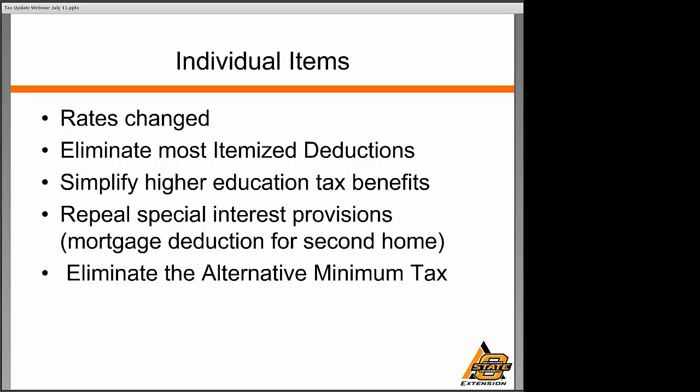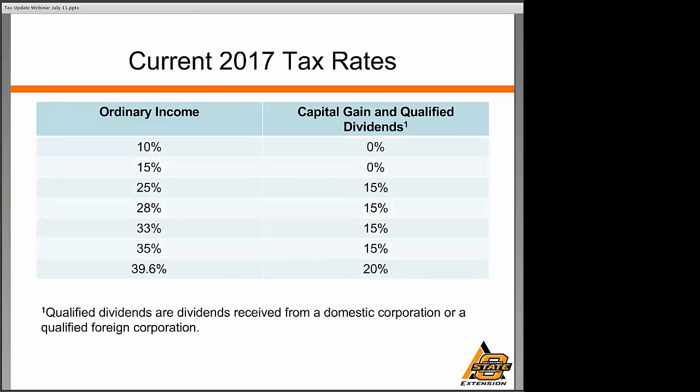He's proposing, and we'll look at these in a moment, a reduced number of tax brackets, eliminating most of the itemized deductions, simplifying the higher education tax benefits, repealing special interest provisions, for example, the mortgage deduction on the second home, and also eliminating the alternative minimum tax. So these are the things that are being proposed right now.